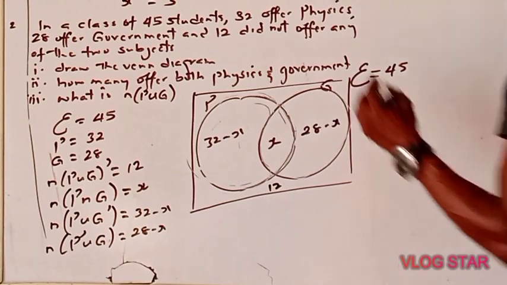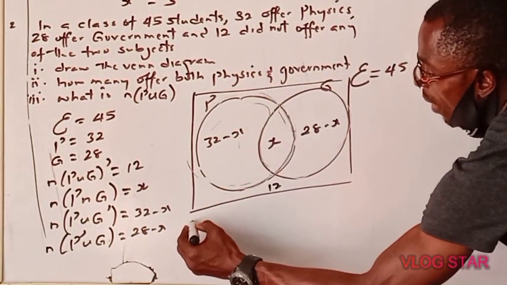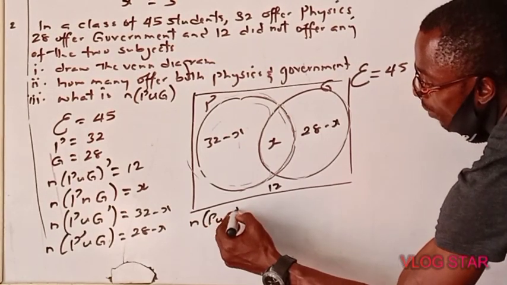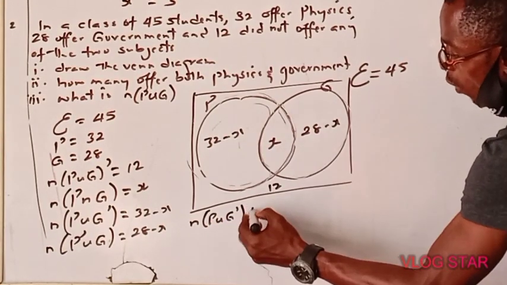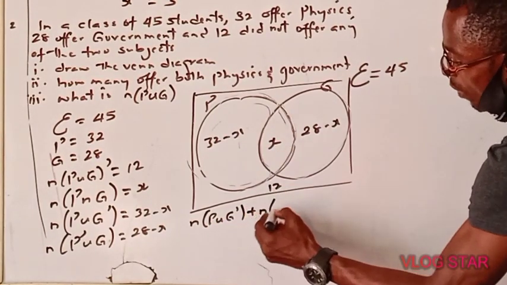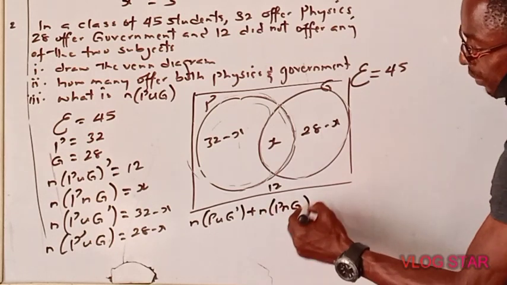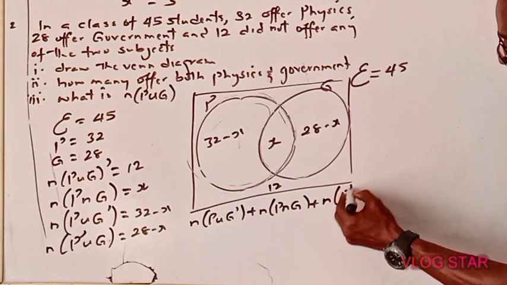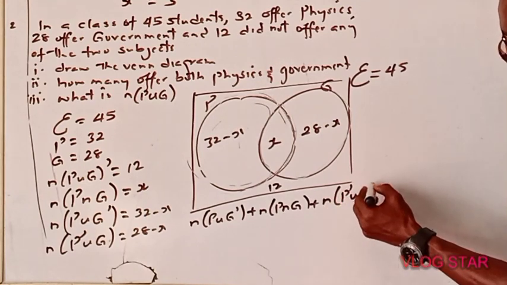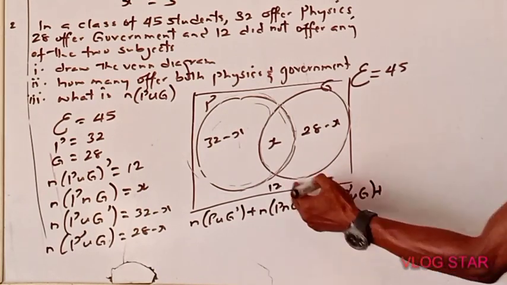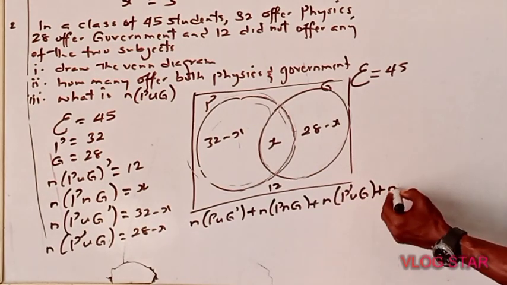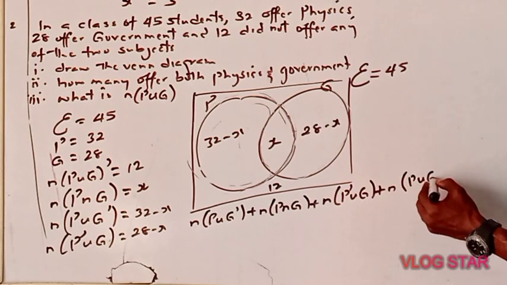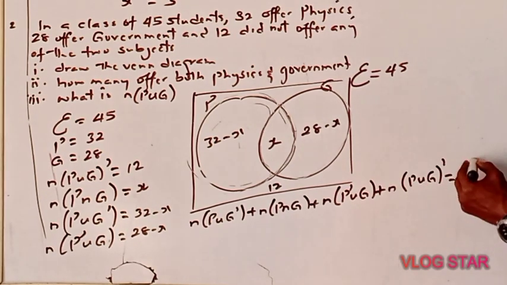So let's add them. Number of P union G prime, that is one, plus this side, number of P intersection G, plus number of P prime union G, plus this side, number of P union G all prime, equals the universal set.